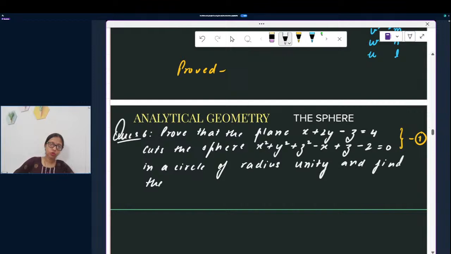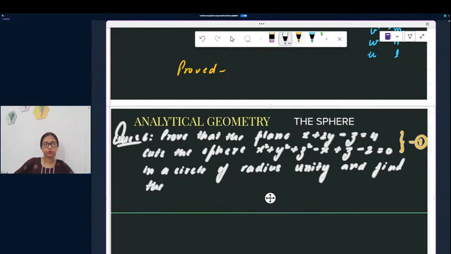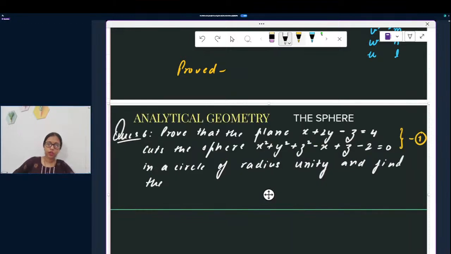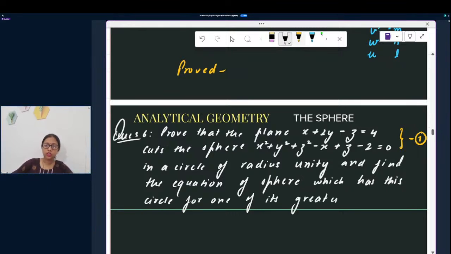And you have to find the equation of the sphere which has this circle for one of its great circles. So what is a great circle corresponding to the sphere?